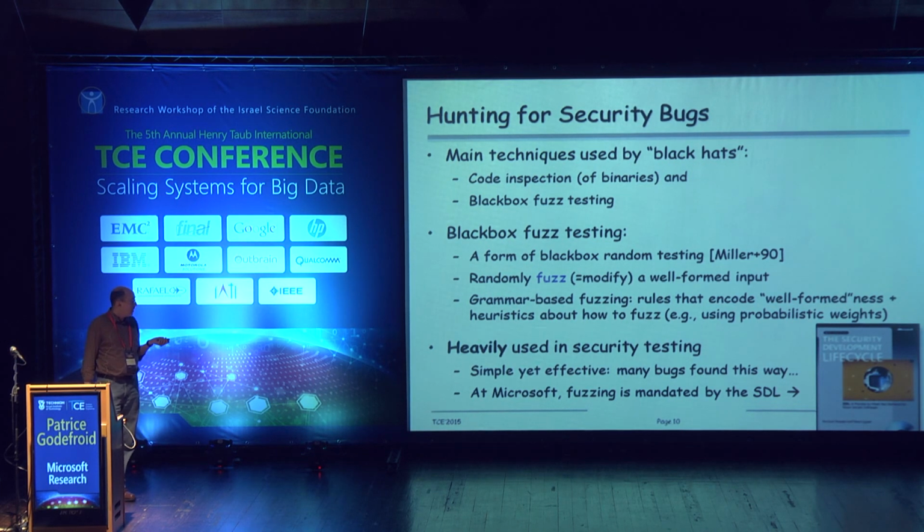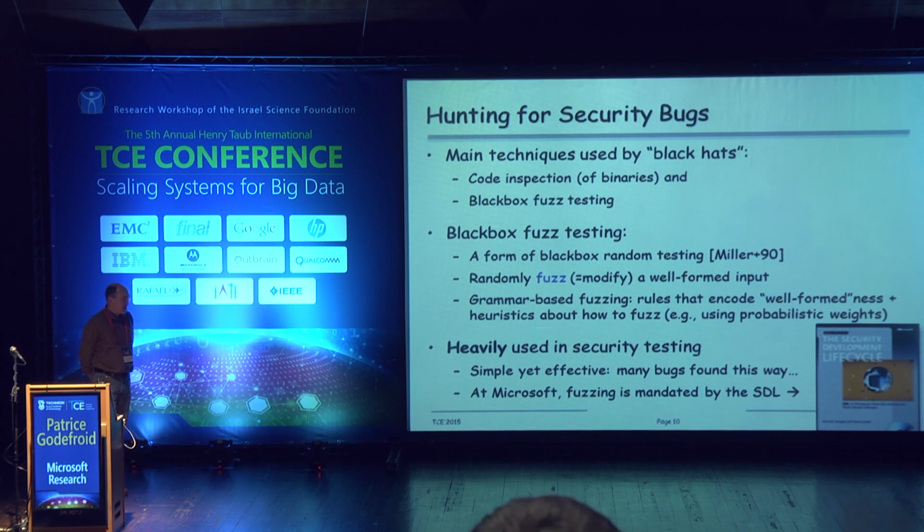Fuzzing is heavily used in security testing. For instance, you can buy this book for about $30 US. It's called the SDL, the Security Development Lifecycle. It describes how we develop software at Microsoft from a security point of view, and we recommend other people use similar kinds of techniques.